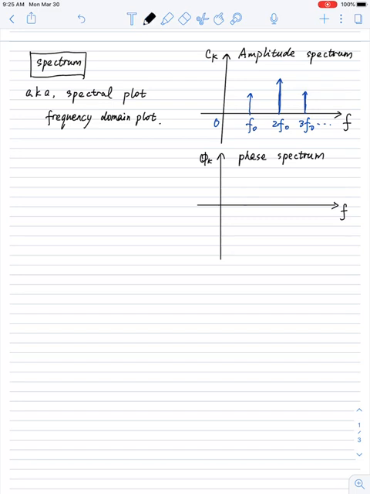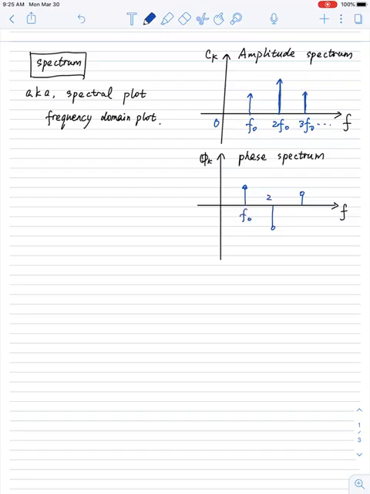And the phase may have different values, positive or negative, at different frequencies. So this is f0, this is twice of f0, this is 3 times of f0. So you can use the circled lines to represent the spectrum, or you can use the arrowed lines to represent the spectrum.